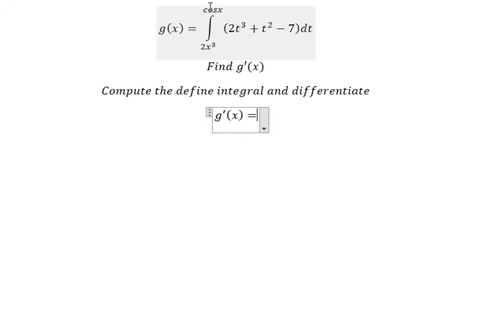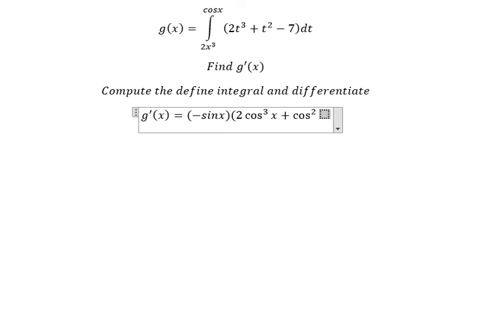We need to find first the derivative of the function of cosine x. That should be negative sine x. And we put 2 cosine x. We put cosine x in t, so we got 2 cosine x to the power of 3 plus cosine x squared and negative number 7.